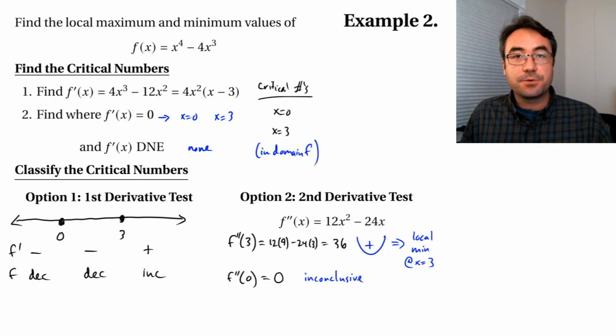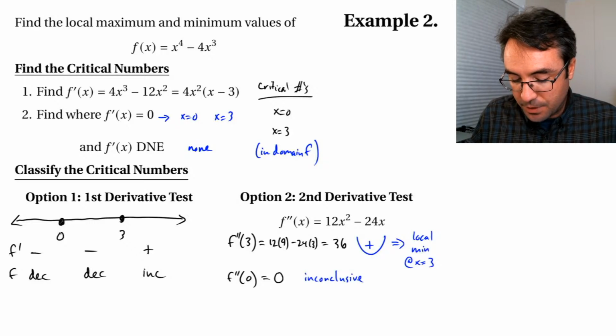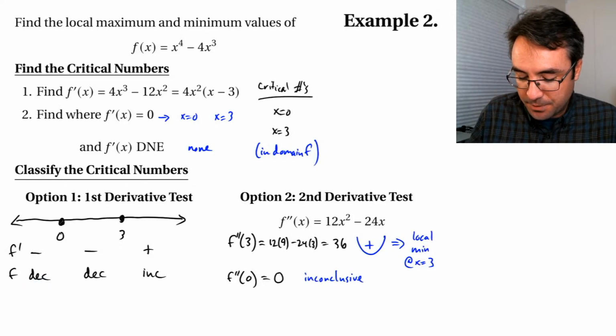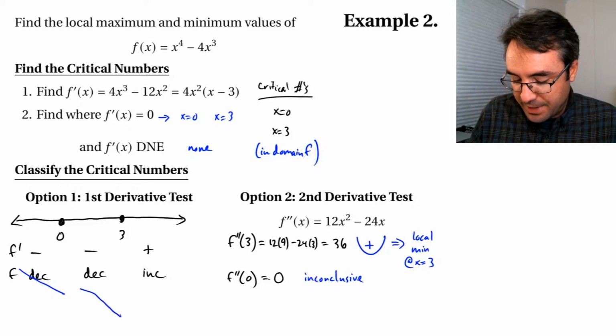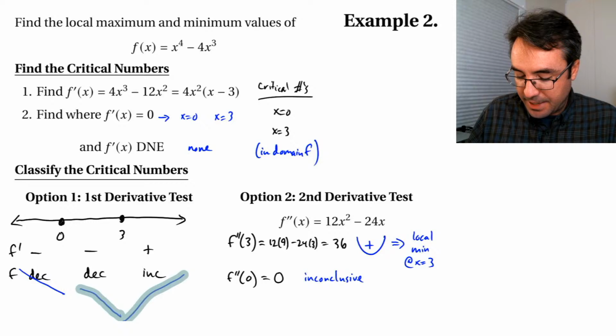And so what the first derivative test tells us, and it helps to draw in the shape here, if we're decreasing means our graph is moving down. We're decreasing, our graph is moving down, and then at x equals 3, we start increasing again.